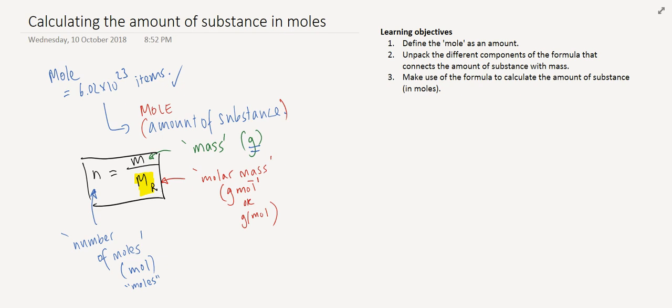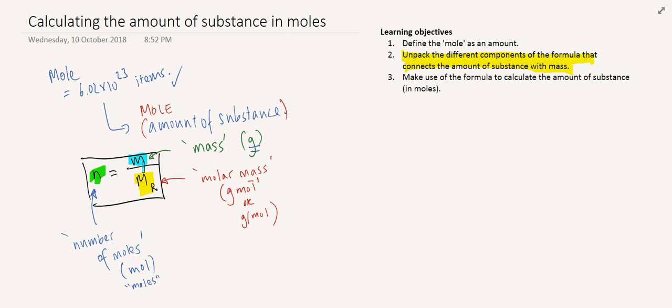So what I've just explained relates to the second learning objective, that is to unpack the different components of the formula that connects the amount of substance with mass. You can see here that the amount of substance, moles, is found in the equation, as is mass over here. And because they're both in the same equation, this is a way in which we may convert between the two.